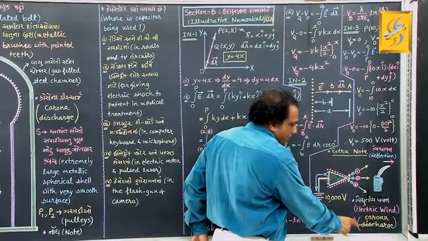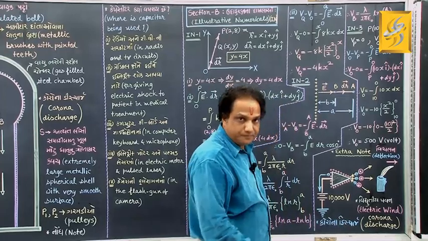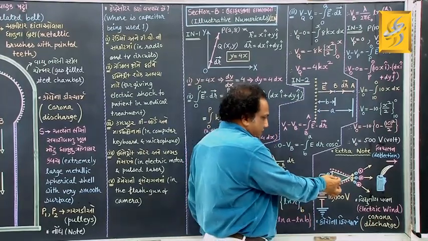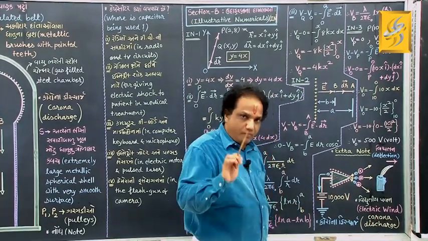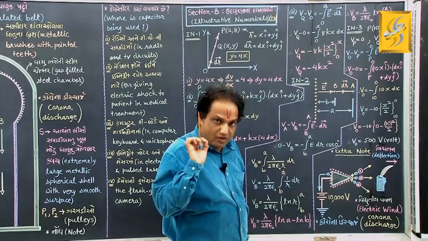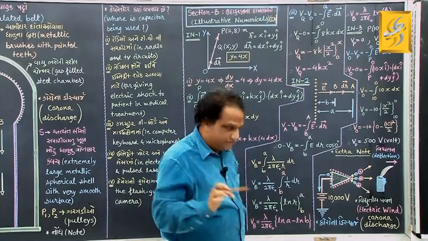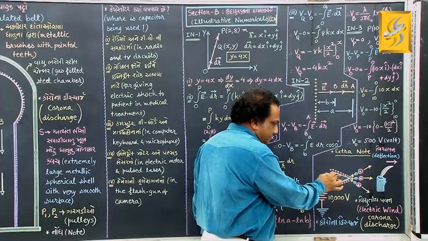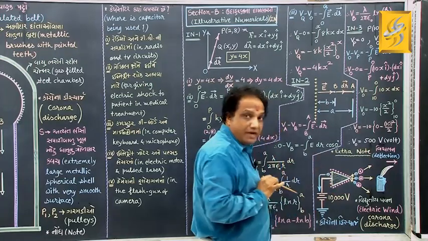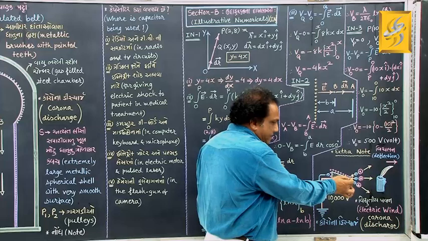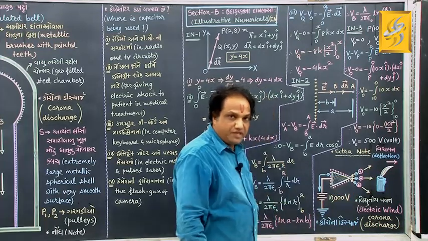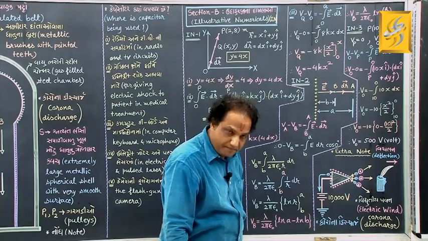What do you mean by corona discharge? To understand it, please consider a triangular metallic plate. This is the triangular metallic plate. This end is very sharp, quite pointed, okay?